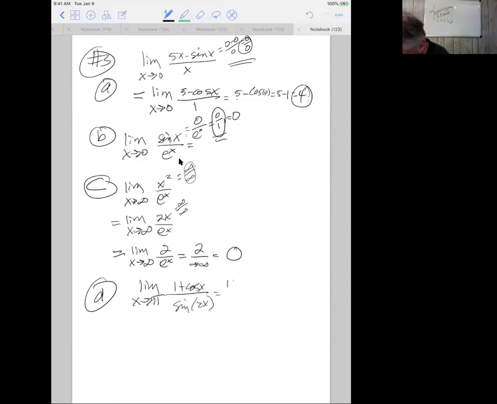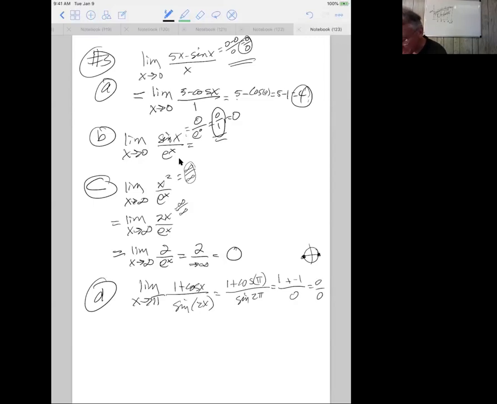I get 1 plus cos pi over sine 2 pi. Well, 1 plus cos pi, remember where pi is over here. Cos is x, it's -1. 1 plus -1 over sine of 2 pi, which is sine of 0. You get 0 over 0.